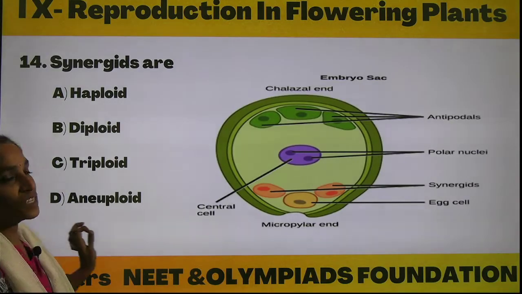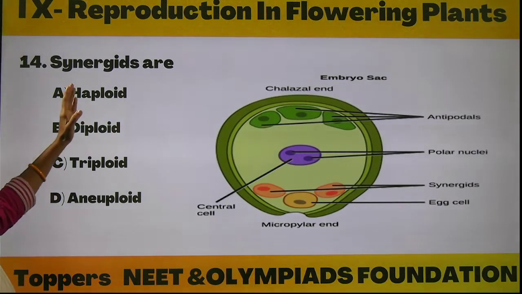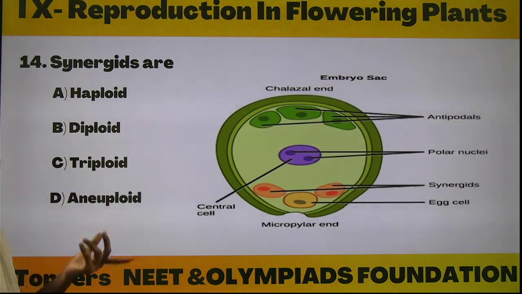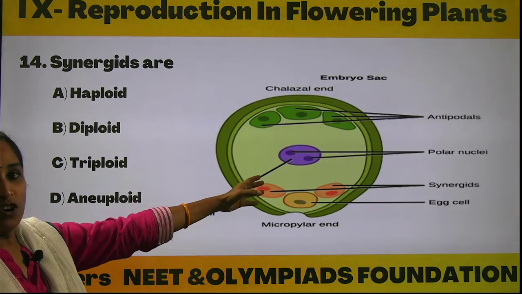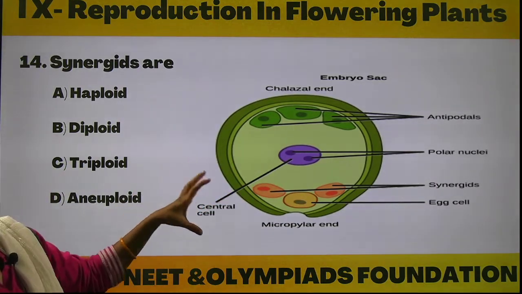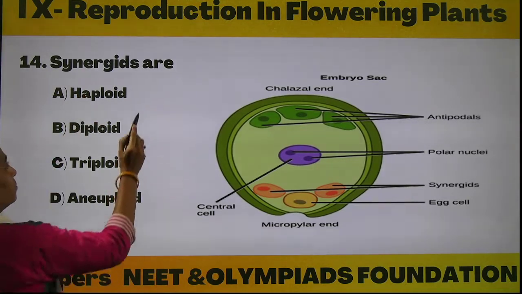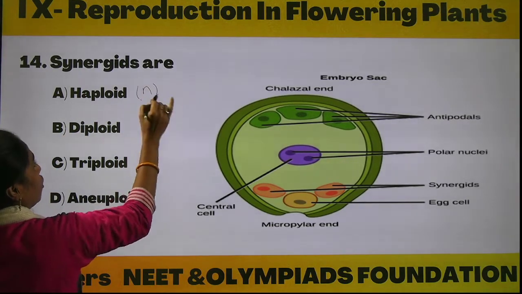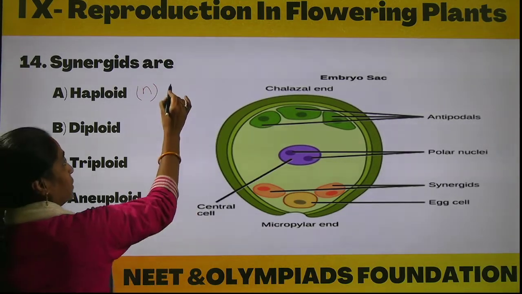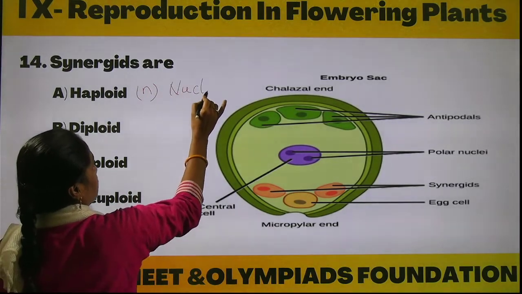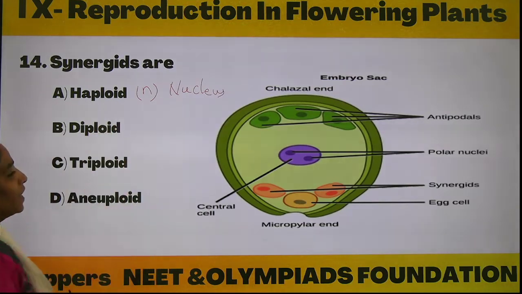And what is the next question? Synergids are, previously we have discussed where we can observe the synergids within the embryo sac. So what is the condition of synergids, he is asking. Are they haploid? Haploid is nothing but a single number of nuclei.